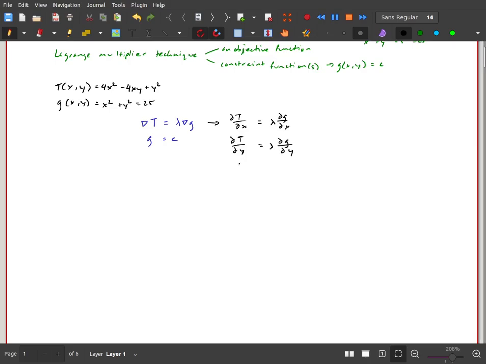Then our last one is, of course, g equal to c. So these are our 3 equations. Our unknowns are lambda, x, and y.